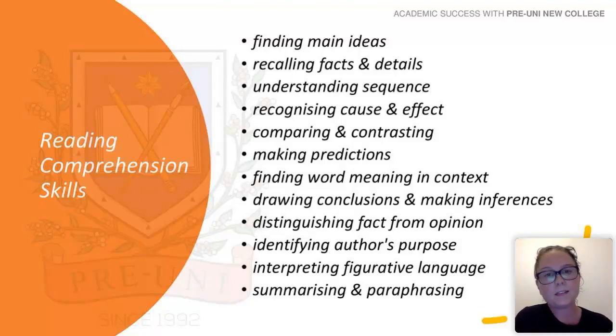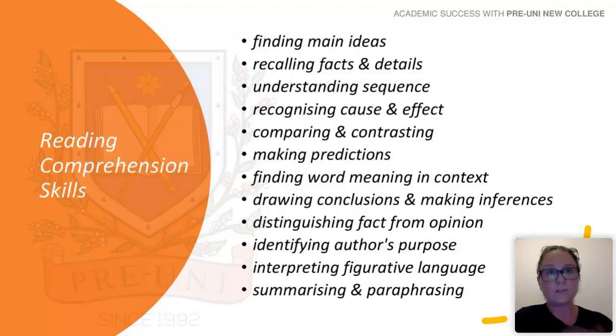So this really relies on students being able to identify signal words that show sequence and also cause and effect. So that's words like because, as, since, therefore. The same with comparing and contrasting. The students need to be able to recognize the language that indicates a comparison, like similar, unlike, contrary, regardless, etc. You know, there's long lists of those words.